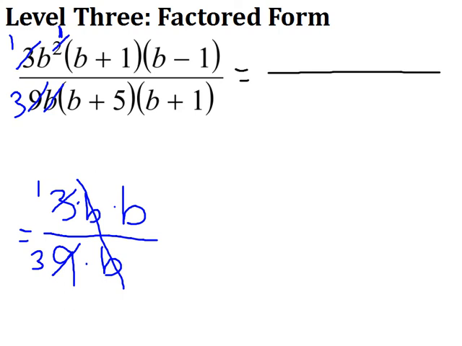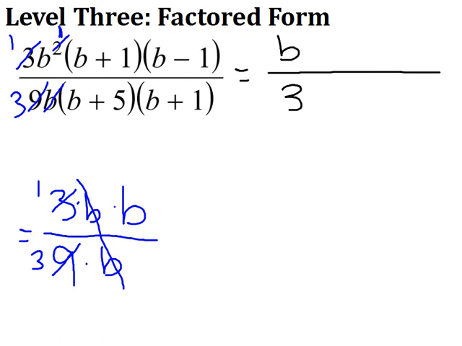So I have a b up top and a 3 in my denominator. Now with these other factors that have binomials within them, I have b plus 1, b minus 1, b plus 5, and b plus 1.